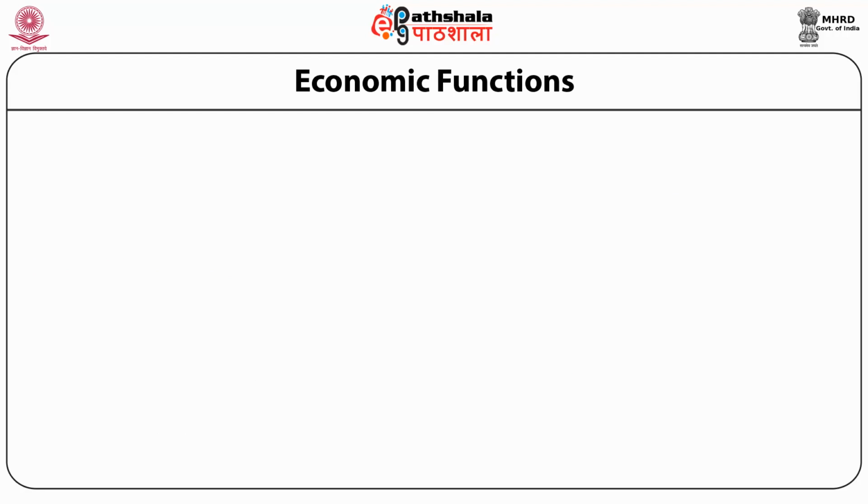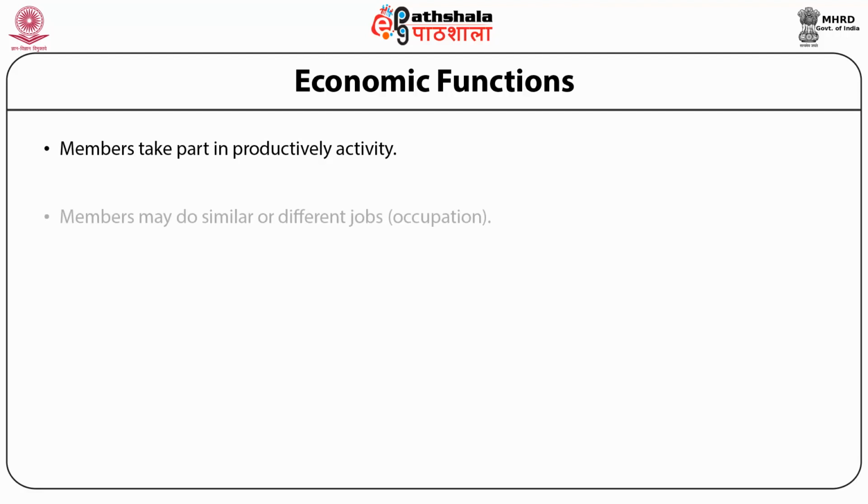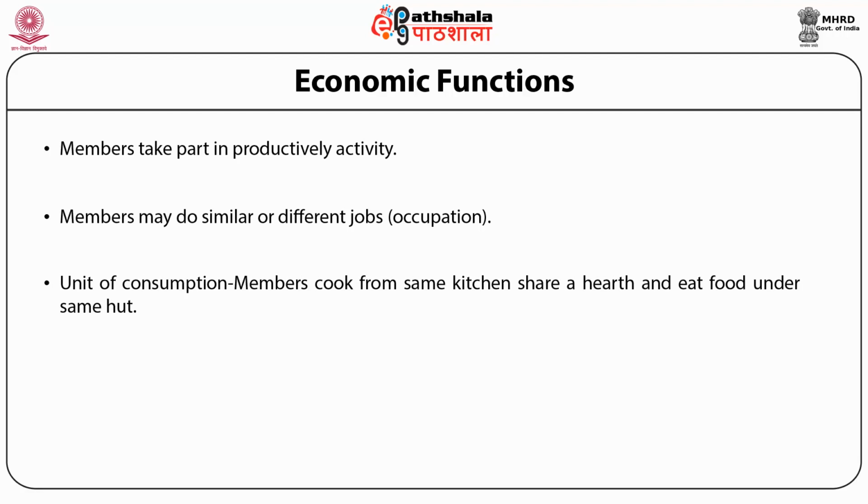Economic functions. Family acts as an economic unit in which members take part in productive activity. Members may do similar or different jobs. A common fund is pooled together to meet the needs of every member of the family. Family also acts as a unit of consumption. Members cook in the kitchen, share a hearth, and eat food under the same roof.